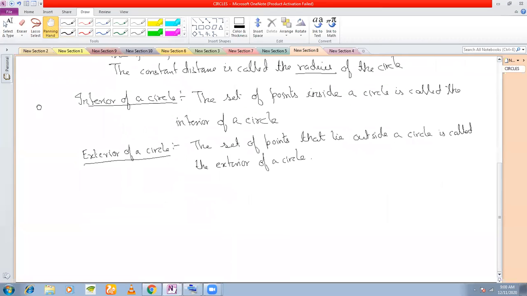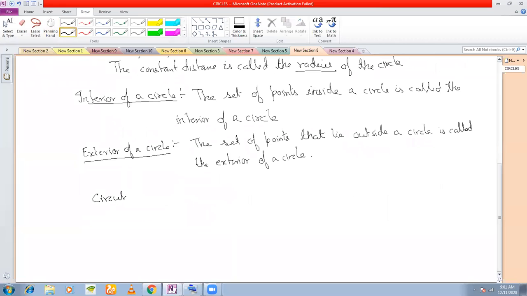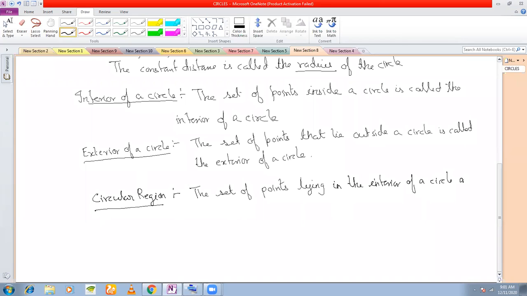Next, what we define is called the circular region. The set of points lying in the interior of a circle and on the circle is called the circular region.